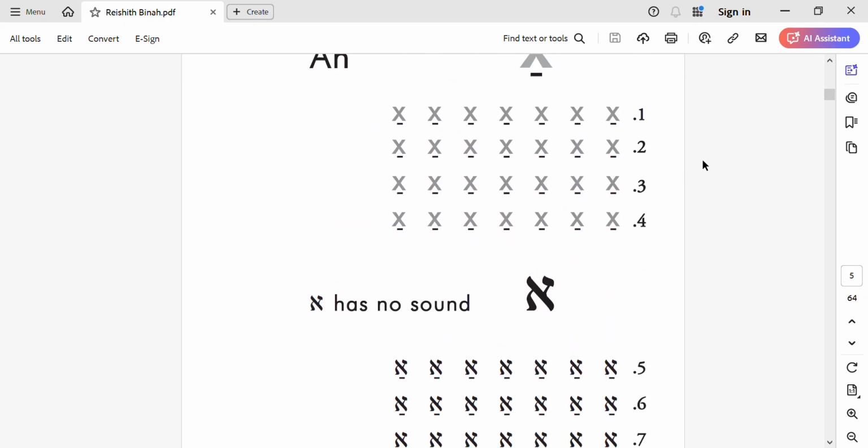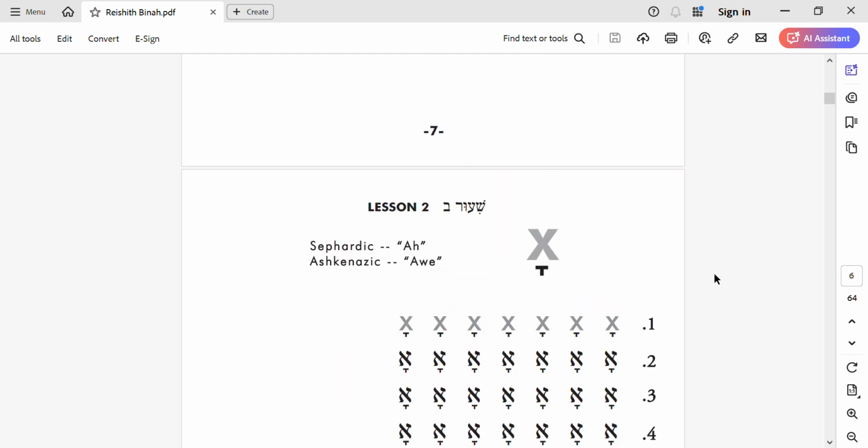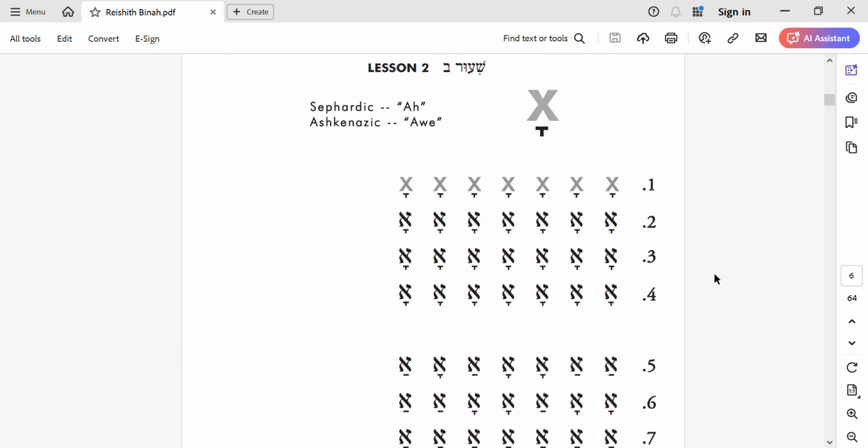So the way you would read any one of these examples 1 through 7 would be simply ah. So that's fairly simple.